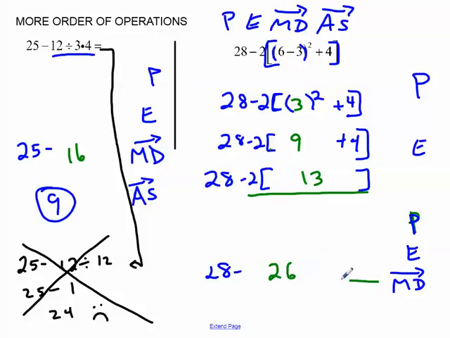Just my multiplication and division, left to right. And now, last one is, well, we evaluate addition, subtraction. Addition, subtraction, left to right. 28 minus 26, 2. Done. I have evaluated my kind of long expression up there.